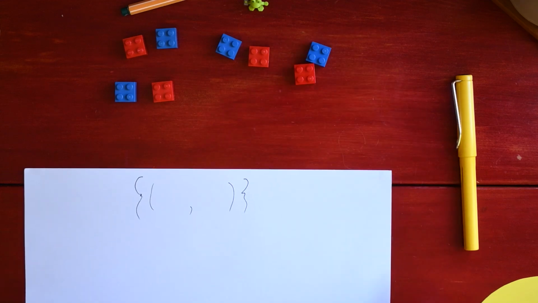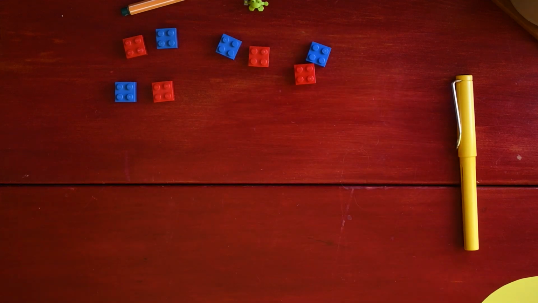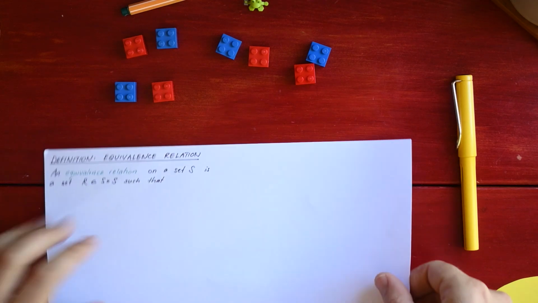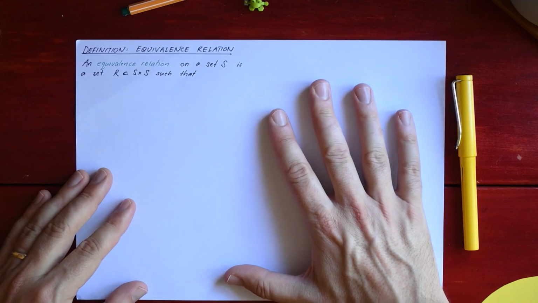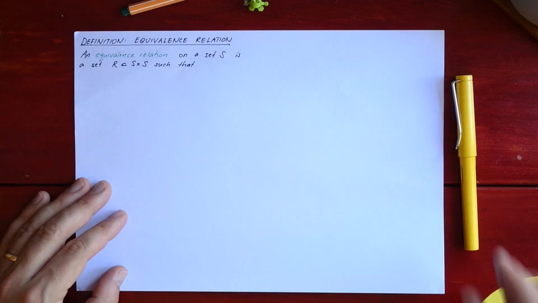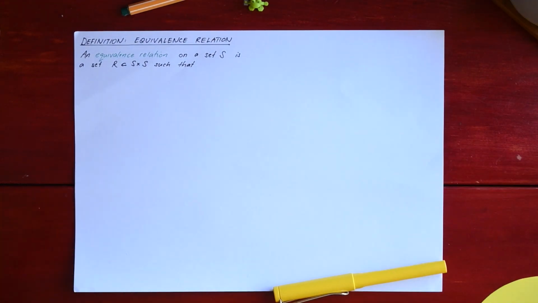Okay, so let's now state the formal definition of equivalence relations. So an equivalence relation on a set S is a subset R of S times S, such that there are three properties that have to be true. Let's see what these are.